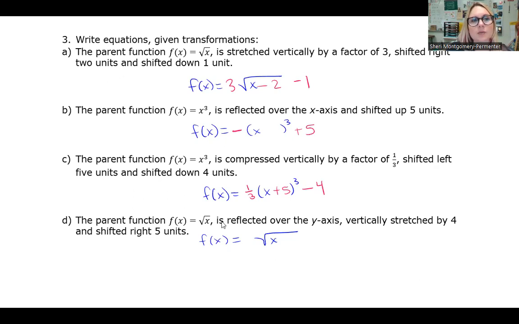The next one, reflected over, that should be the x-axis. In fact, on your homework, I think it says y-axis as well. We're not doing y reflections. Reflected over the x-axis, so I gotta have a negative, and it's stretched by 4, so I have to have a -4 out front. Right 5 means that I have -5. And there's no up and down, so I don't put anything.